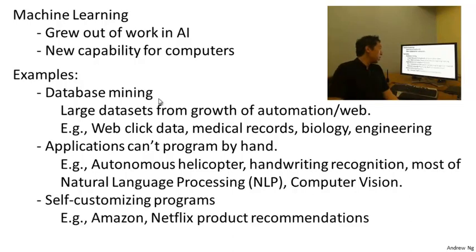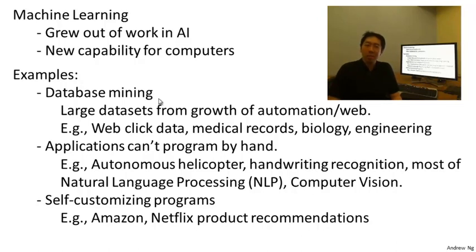Machine learning is also widely used for self-customizing programs. So every time you go to Amazon or Netflix or iTunes Genius and it recommends new movies or products or music to you, that's a learning algorithm. This is software that has customized itself to your preferences. And if you think about it, if you have a million users, you can't actually write a million different programs.